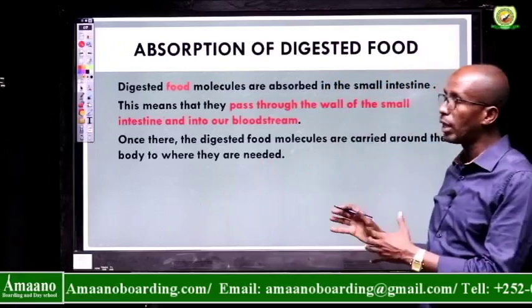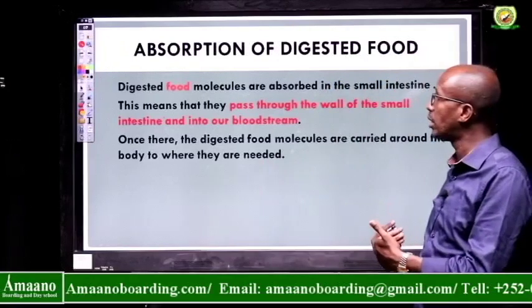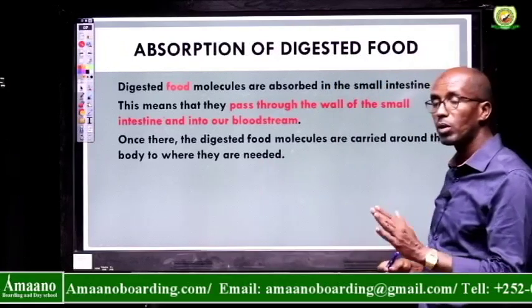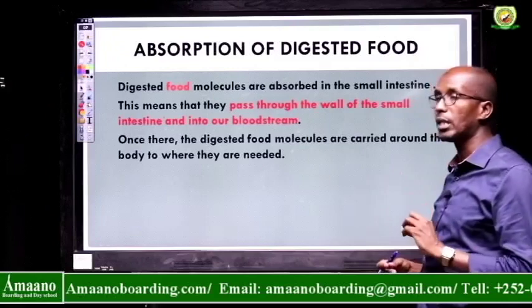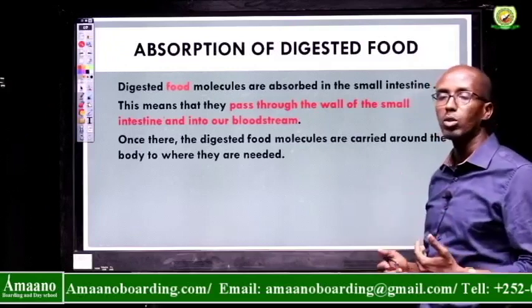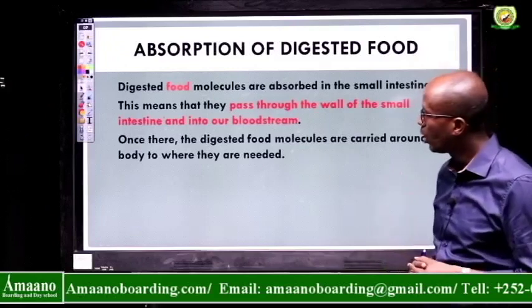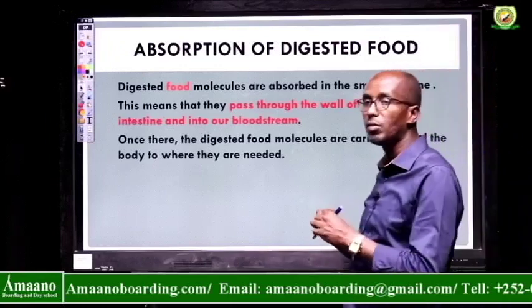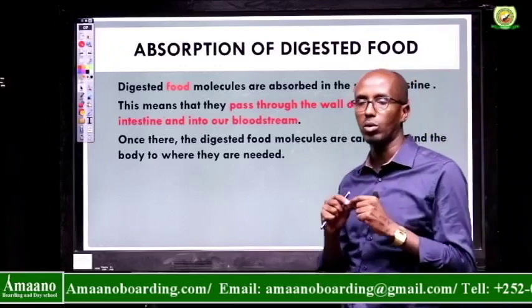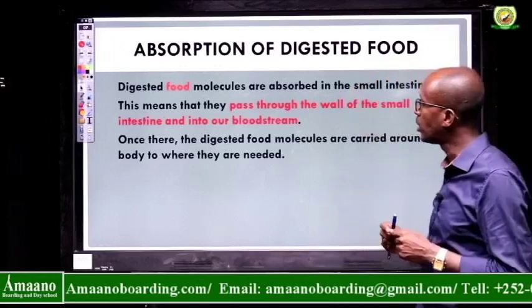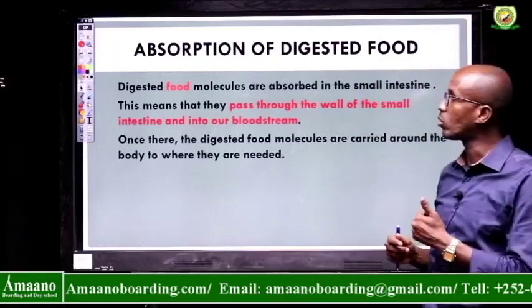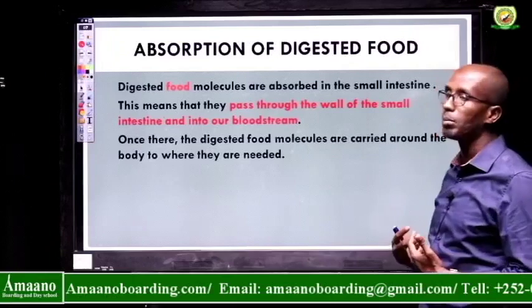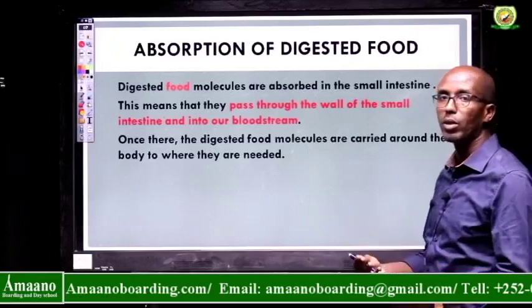Today we are not going to learn why we need food, because we did that before. We said we need food to get energy, and we need energy to carry out the life processes. Each and every part of your body which contains living cells needs food.